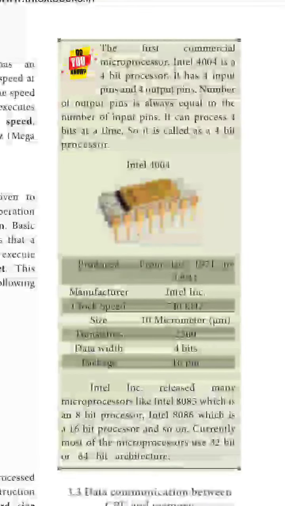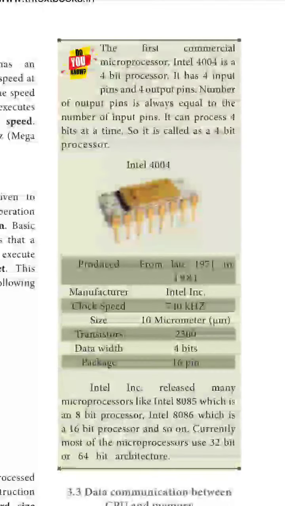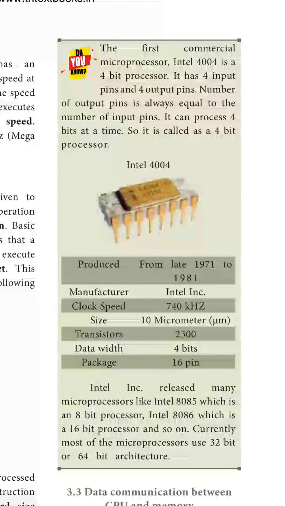The first commercial microprocessor, Intel 4004, is a 4-bit processor. It has 4 input pins and 4 output pins. The number of input pins is always equal to the number of output pins. It can process 4 bits at a time, so it is called a 4-bit processor.